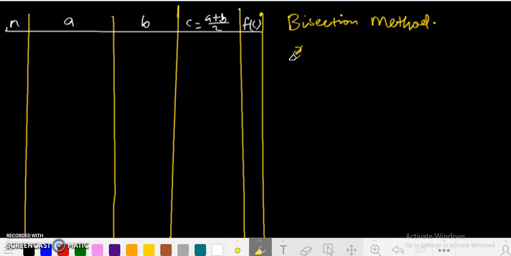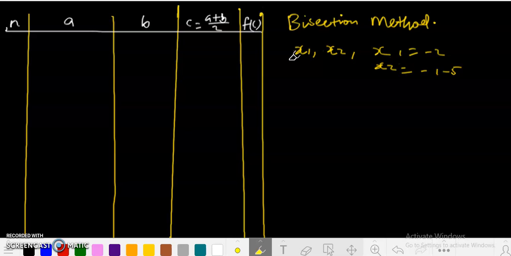Some people prefer to give you x1 and x2, and then you evaluate, assuming you are given some point x1 equal to -2 or -1, whatever, and x2 equal to -1.5, or any other value that is given to you.